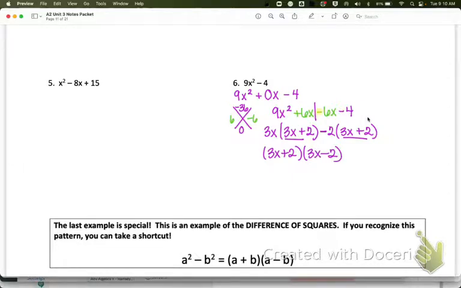This is a very special factoring example, okay? It only has 2 terms, and both of those terms that we started with were perfect squares. 9x squared is a perfect square, and 4 is a perfect square. And look at the pattern that we ended up with, 3x plus 2 and 3x minus 2, okay?